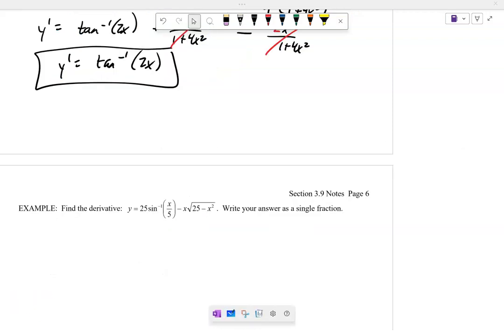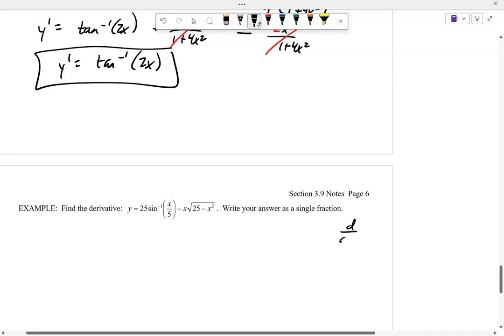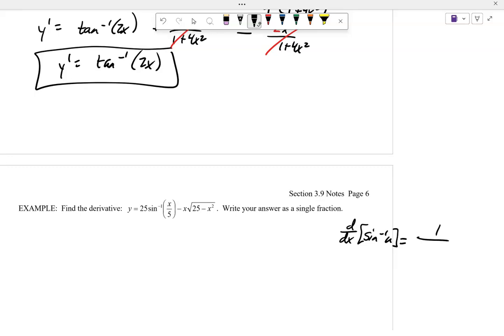All right, last one here. We're going to have to know the derivative of the arc sine of u, which is 1 over the square root of 1 minus u squared times u prime. So y prime ends up being: the constant will stay there, the derivative of the arc sine is 1 over the square root of 1 minus u squared times the derivative of u.